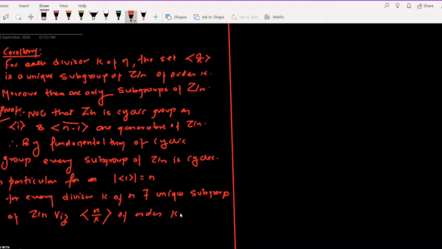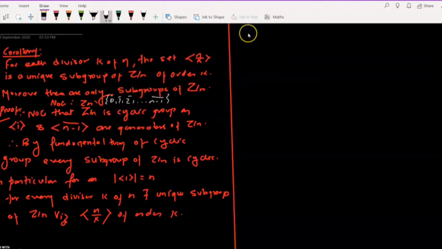Let's just look at Zn. Zn is nothing but 0 bar, 1 bar, 2 bar, up to n minus 1 bar. So this would always be true for Zn.